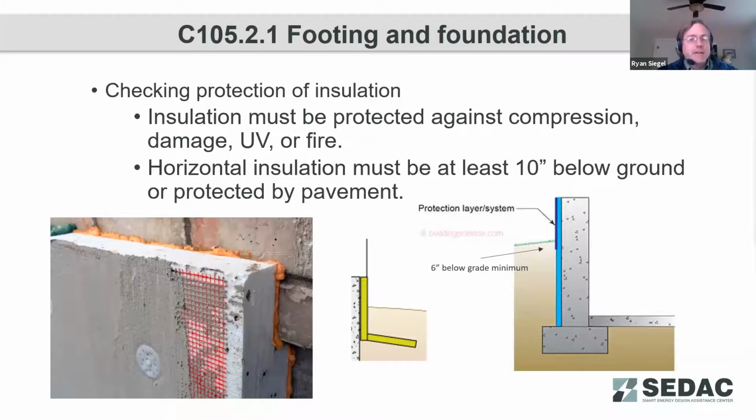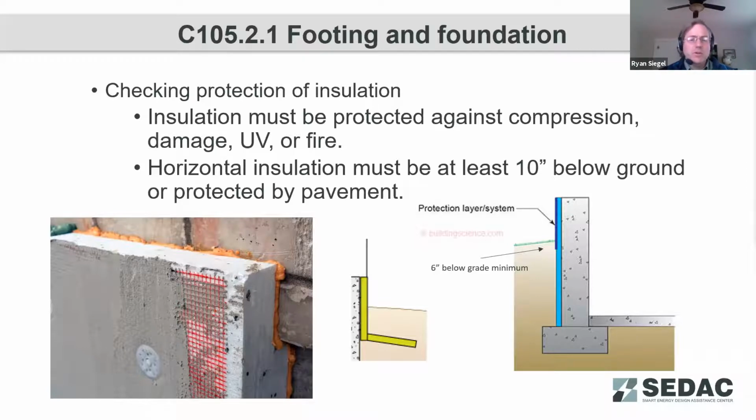Once we have our insulation installed, we need to make sure that we have protected the insulation from various hazards that can be damaging to insulation. Probably one of the most common is going to be UV damage or physical damage for insulation above ground.